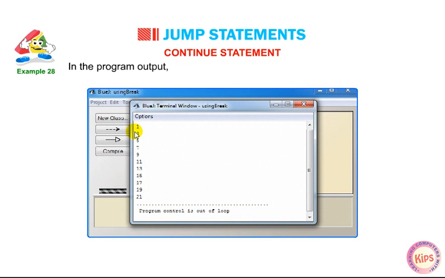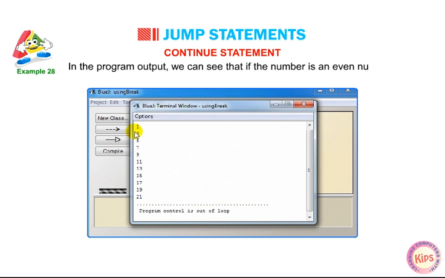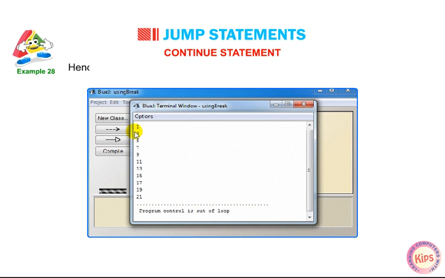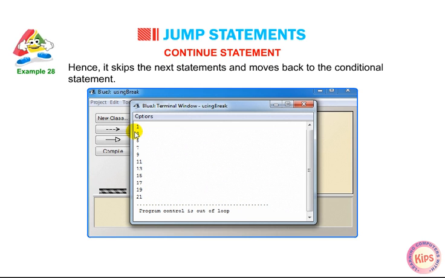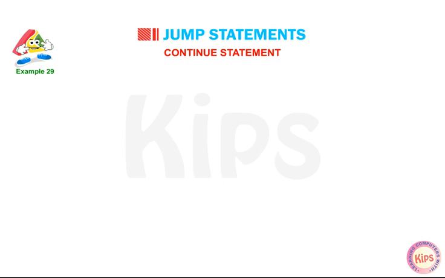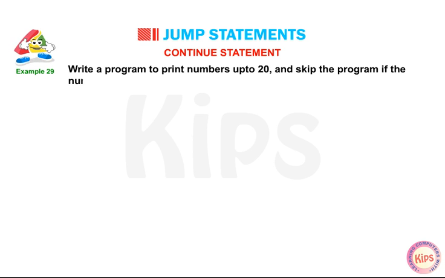In the program output, we can see that if the number is an even number, the program executes the continue statement. Hence, it skips the next statements and moves back to the conditional statement. Example: write a program to print numbers up to 20 and skip the number if it is 17.